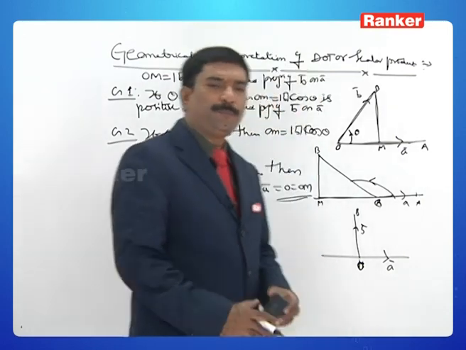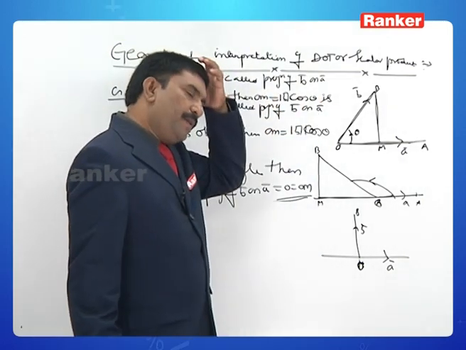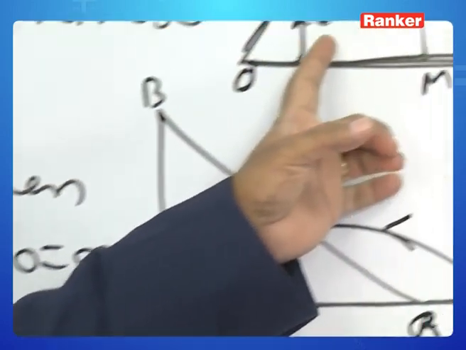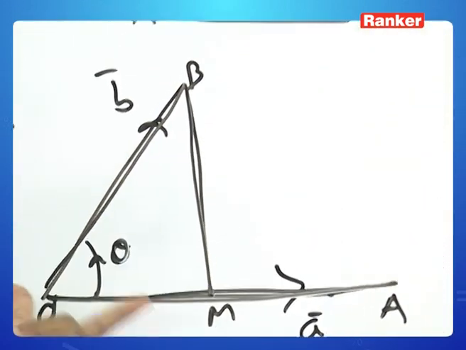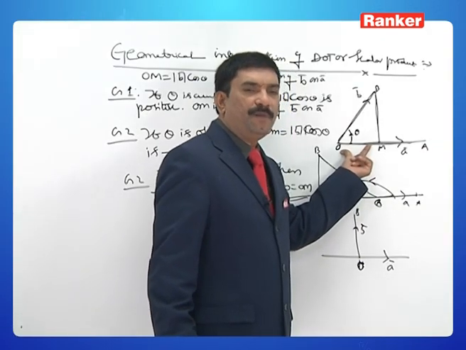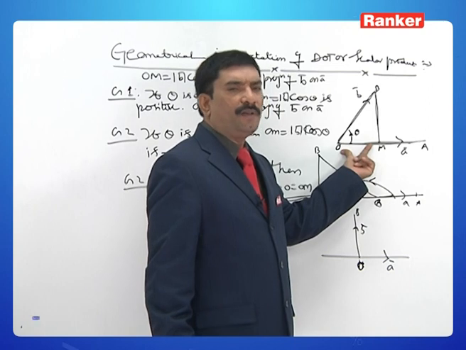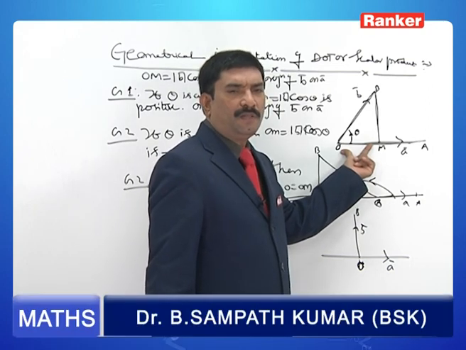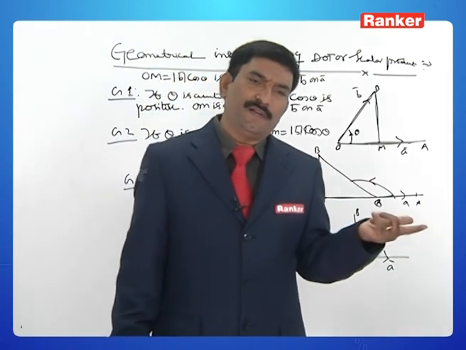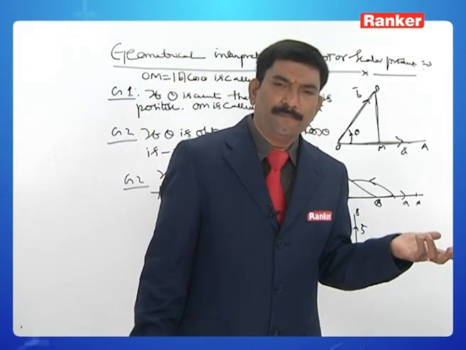Remember, as I told from the geometrical interpretation of dot product, theta is the angle between A bar and B bar. This length OM is called projection of B bar on A bar, or sometimes in some books component of B bar along A bar. Both are same.